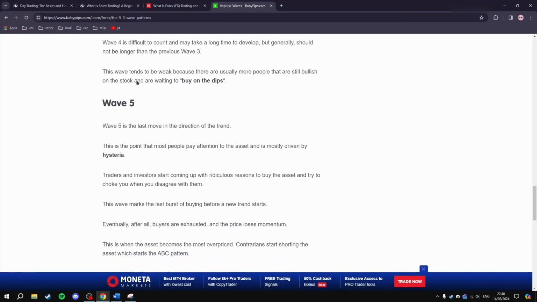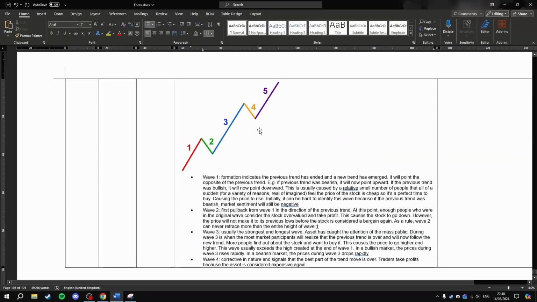Wave 4 is difficult to count and may take a long time to develop. What does it mean by difficult to count?